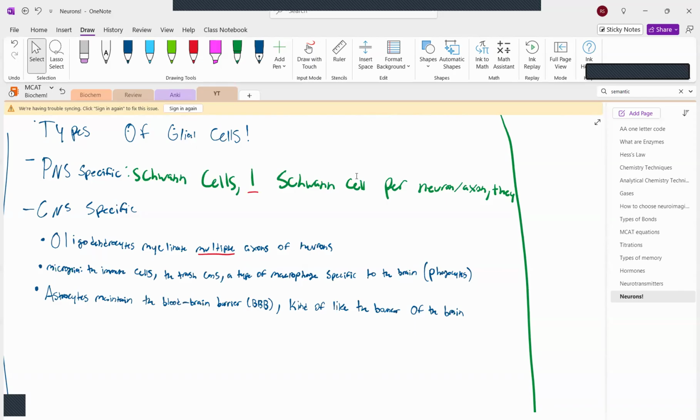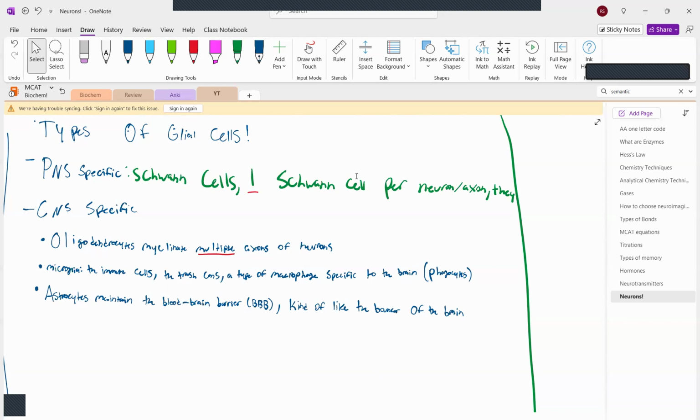In the PNS, there's really one specific type of glial cell that I want to cover. Everything else in the PNS, being in the periphery, has all the other types of cells that you'll see outside of the central nervous system, including the immune cells and stuff like that. So Schwann cells are really distinct from oligodendrocytes in that one Schwann cell per neuron or axon myelinates it.